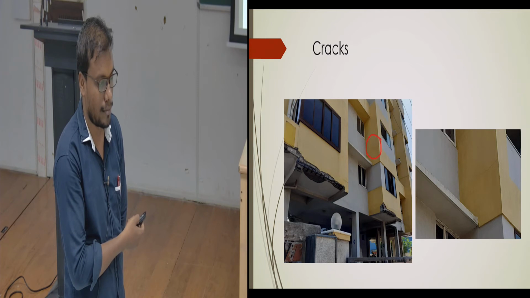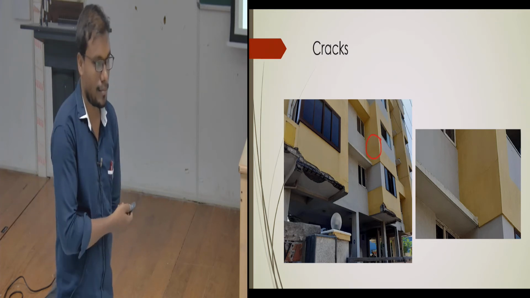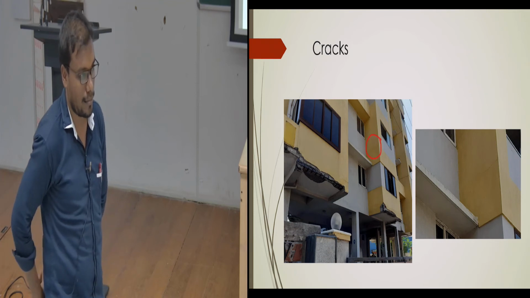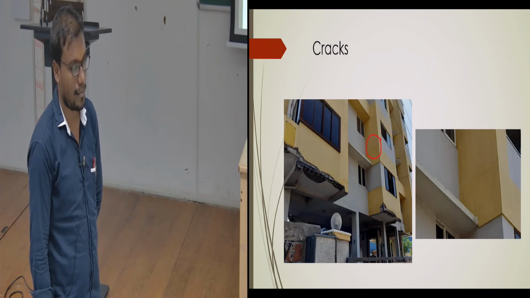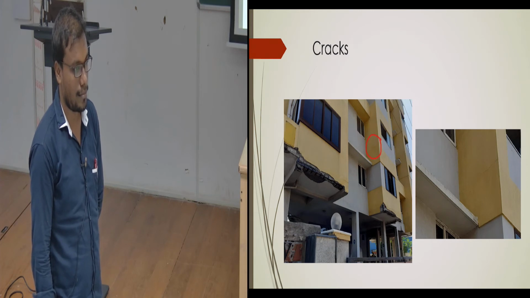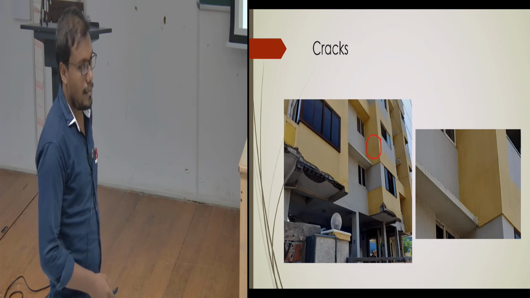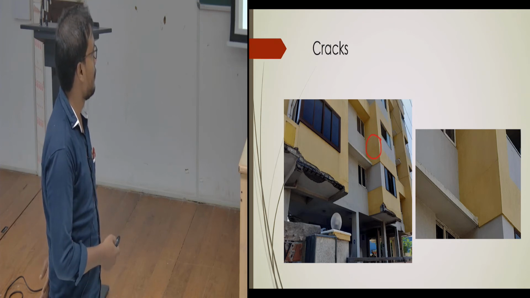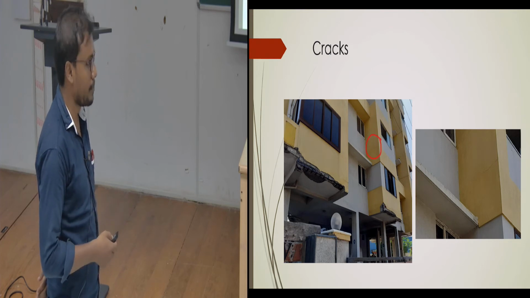The support will be rigid. We are not bothered about the fixed end. This is the free end. When it is loaded, it will deflect. Because of the predominant deflection, the damage is concentrated there, and some portion of the concrete was spalled, peeled off.